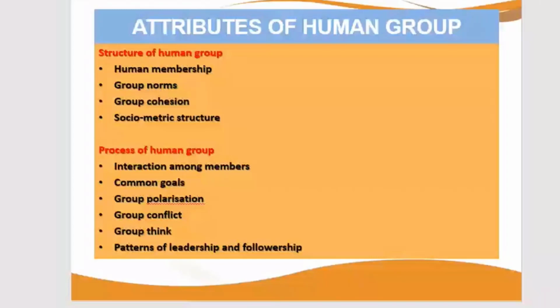As it explained, attributes of human group, differentiation and interaction. They say, although it might seem that we could easily recognize a social group when we come across one, it is actually not that easy to define what makes a group.